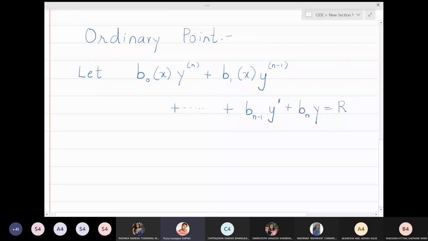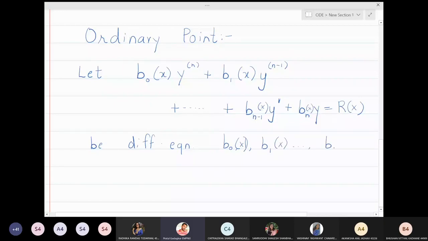These b naught, b1 are actually functions of x. So I'm writing a differential equation where these b naught, b1 are all functions of x.